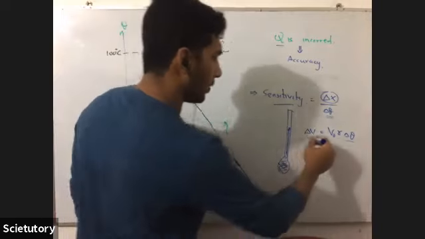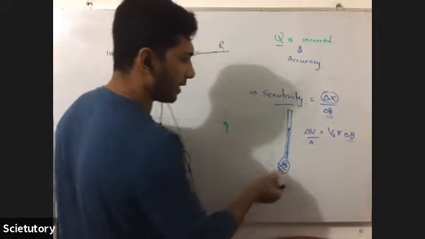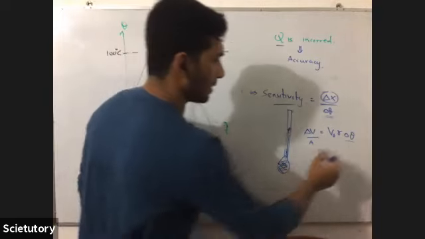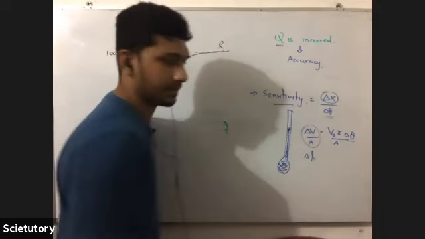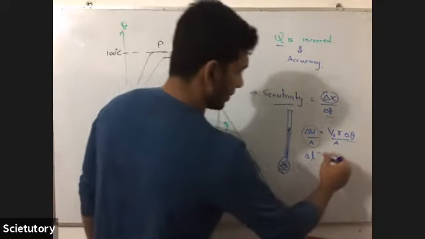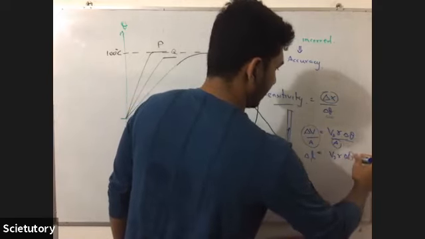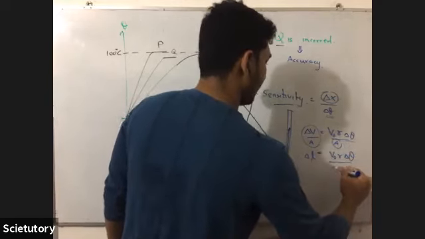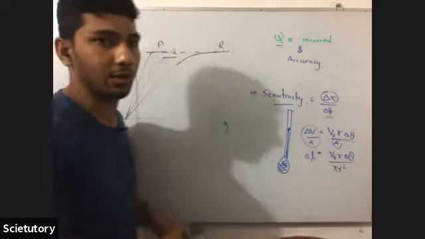Now I'm going to divide this delta V by A, the cross-sectional area of the capillary tube, on both sides. So now it gives you delta L, the change in length. This can be substituted with pi r squared, because the capillary tube has a circular cross section.